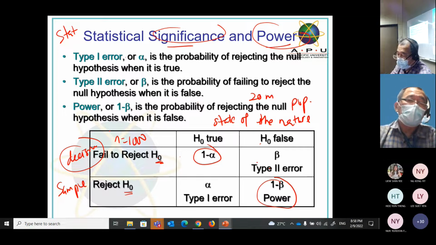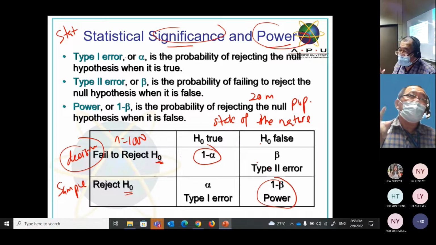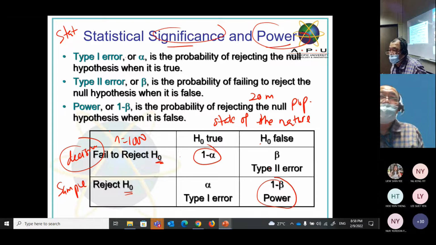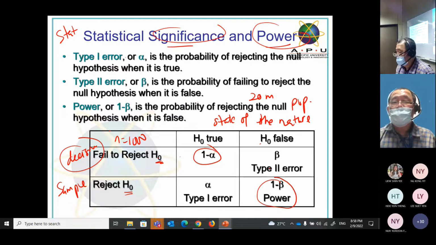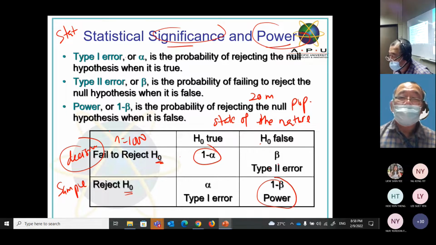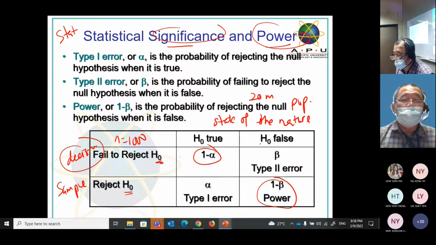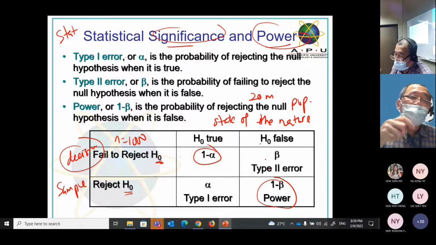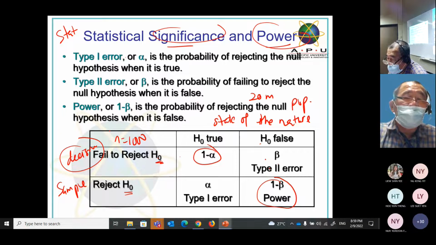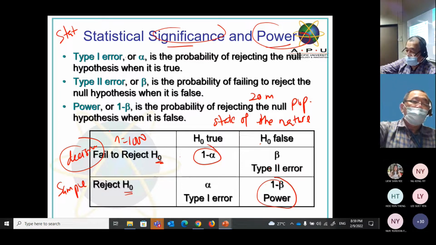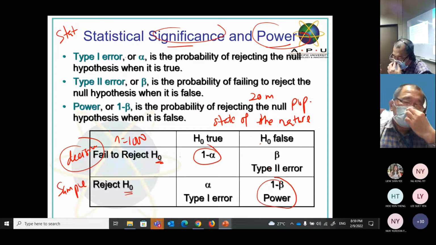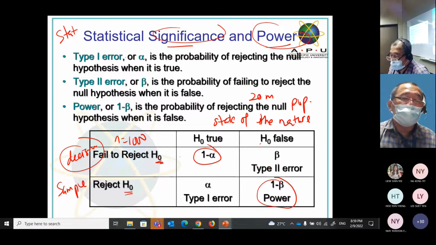The alpha and beta are numbers between 0 and 1. The power is 1 minus beta. This is where we reject the null hypothesis and the null is false. Therefore, it's good. It means we rejected the null hypothesis, and the null is indeed false. Something good.